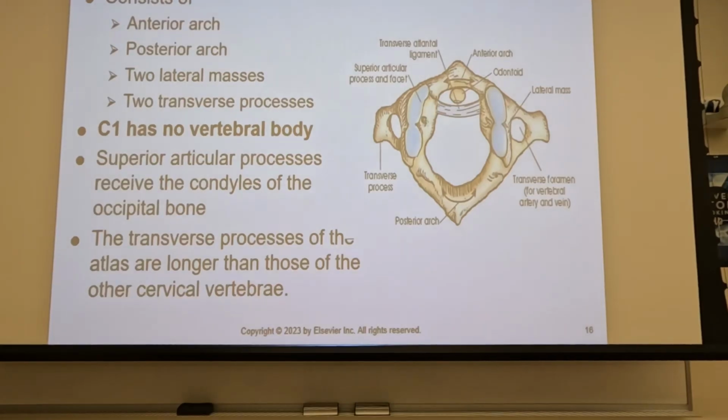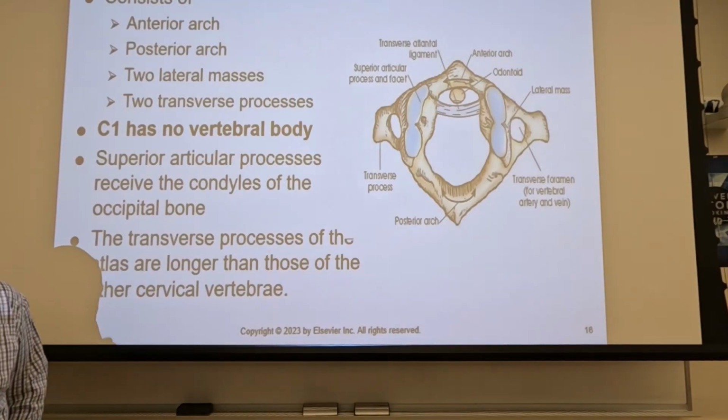All right, so here's C1. The odontoid process is supposed to be this thing right here. It's actually larger than that, but what we've got is the transverse atlantal ligament right back behind it. Now, a couple of things about C1. Once we get into imaging, we can have a clinically broken anatomy without really having a broken bone.